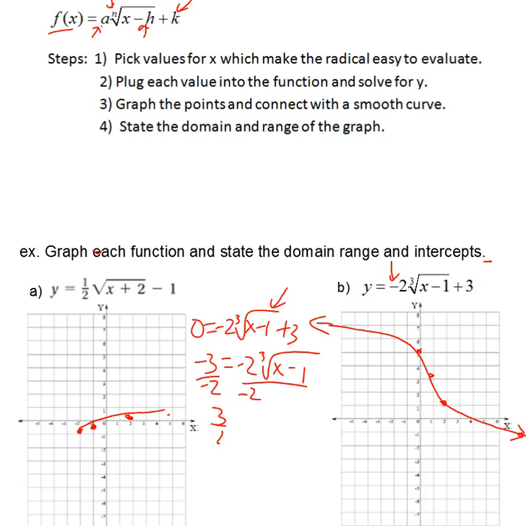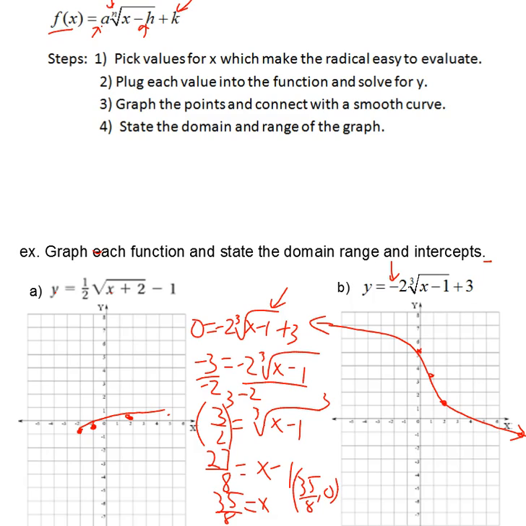I get 3 over 2 equals the cube root of x minus 1. Now, don't I cube both sides to get rid of this radical? When you do, you get 27/8 equals x minus 1. Adding 1 across, 27/8 plus 1 is 35/8. So my x-intercept is (35/8, 0).